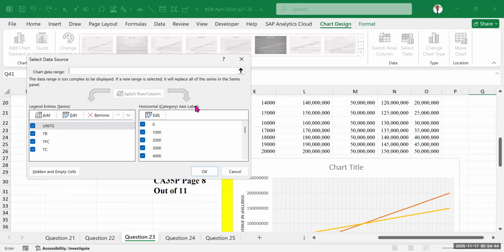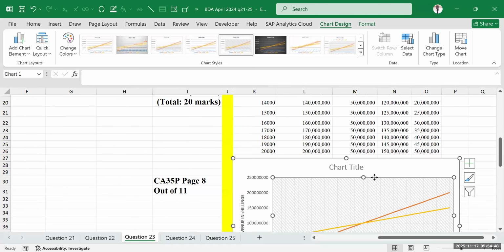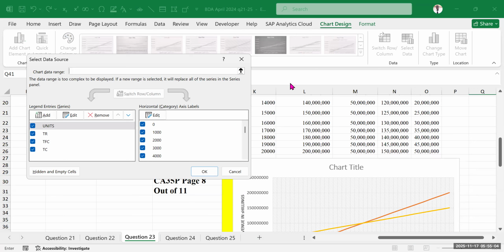The first step is to click on the chart. Once you click on the chart, check your Excel window, the menu. Then click on the chart design. After you click on the chart design, there is that tab written select data. Click on that select data. You'll see this window that is showing up.